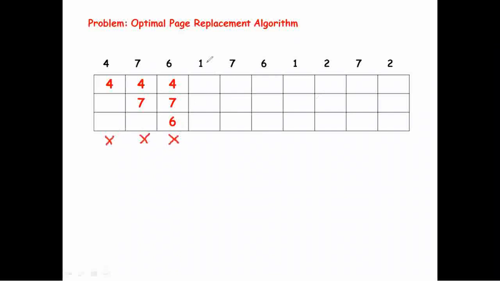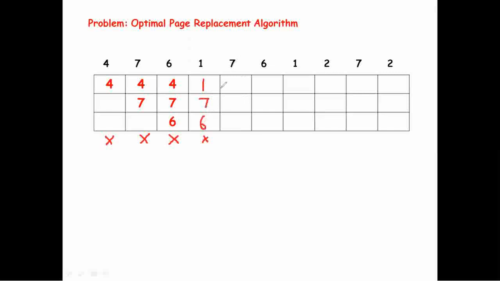When 1 is referred, it is not available, so it leads to a page fault. Optimal page replacement replaces a page that will not be referred by the CPU for the longest time in future. So among the pages 4, 7 and 6, 4 is not referred in future. So in the place of 4, 1 will be placed.